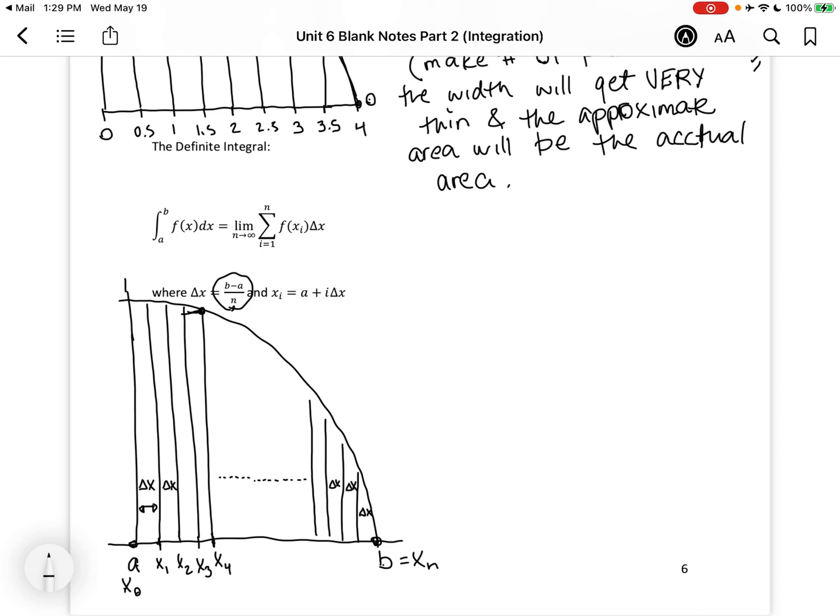The definite integral is defined as that area. It's the area under this curve, f of x, from a to b.